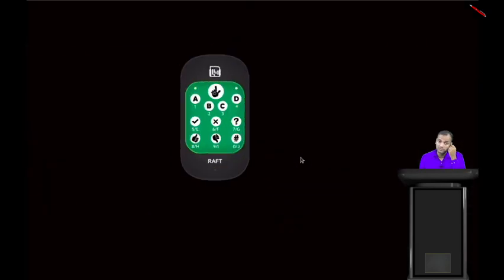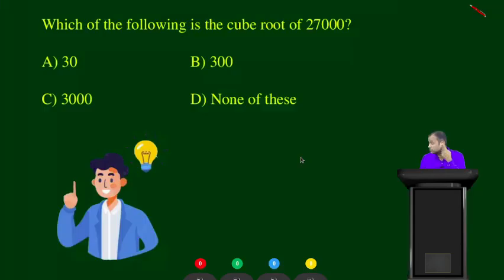Again, question time for you. So be ready with your rough copy. Which of the following is the cube root of 27,000? And your time starts now. Which of the following is the cube root of 27,000?